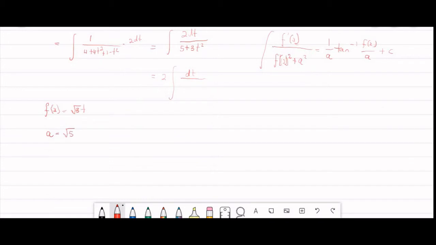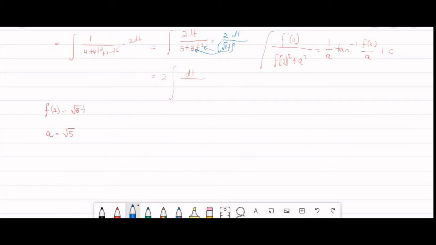If I come here and substitute, let me use a different pen, we have 2 dt over, and we said our f at x is the square root of 3 t. When I square them, the square root of 3 squared gives you 3, and t squared gives you t squared.